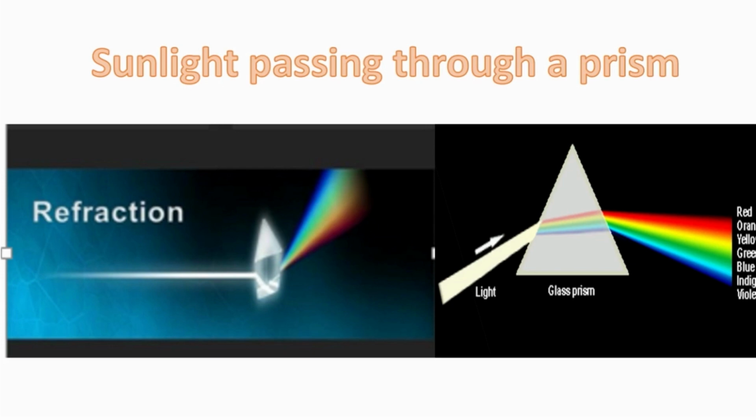Secondly, we saw a pencil kept in a glass of water, and you can see the image is bent. Thirdly, we saw how rainbows are formed. Fourthly, we saw this example which is right in front of you right now: sunlight passing through a prism. It refracts and splits the light into 7 different colors.